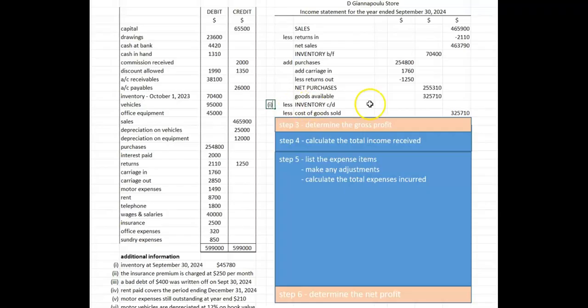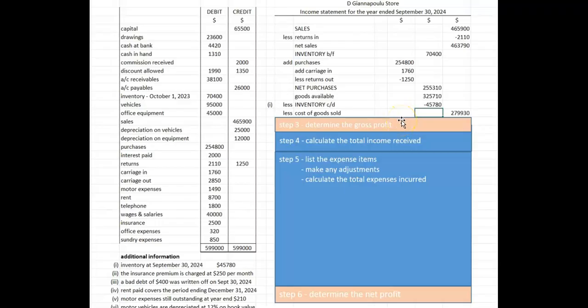So let's put that highlight there. And we're going to take away that closing inventory of 45,780. Good. So now we have our, sorry, that's our cost of goods sold. It's 279,930.